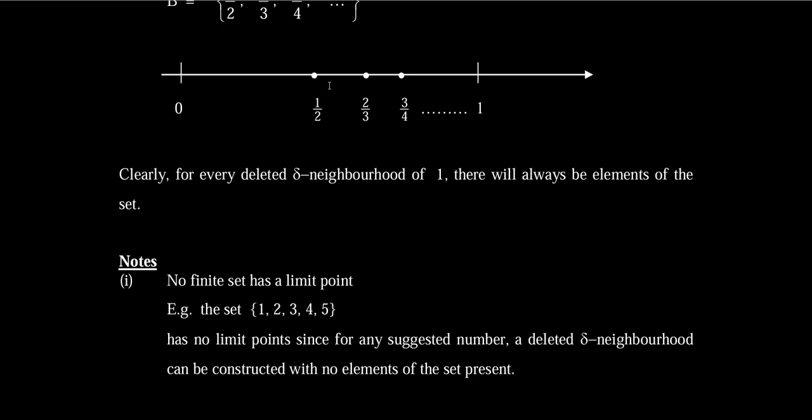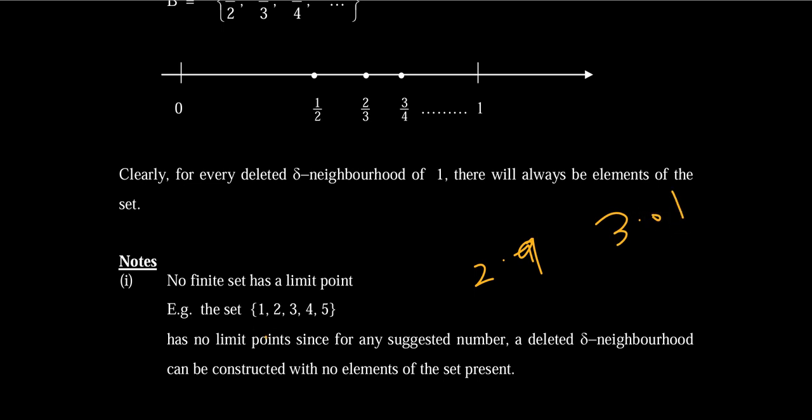So let's assume a very small delta, right? So let's assume a delta of 0.1, and let's say the limit point is 3. Now, when we assume that the limit point is 3 and a delta of 0.1, you realize that we can have regions of 2.9, and we can have regions of 3.01, right?